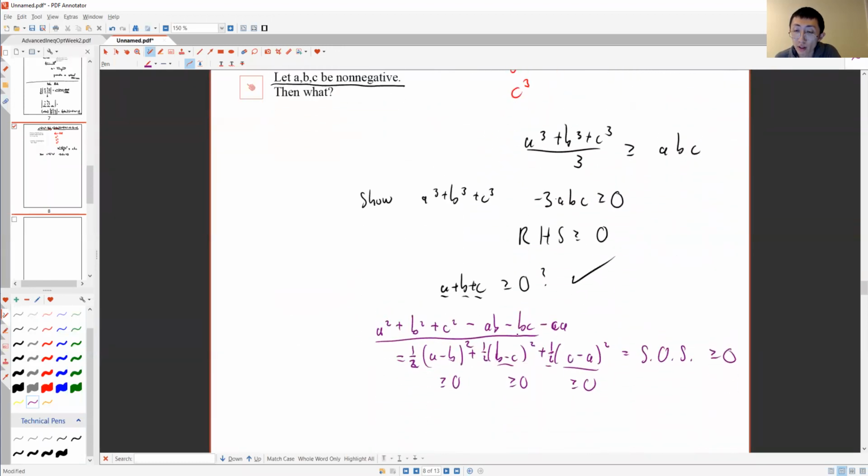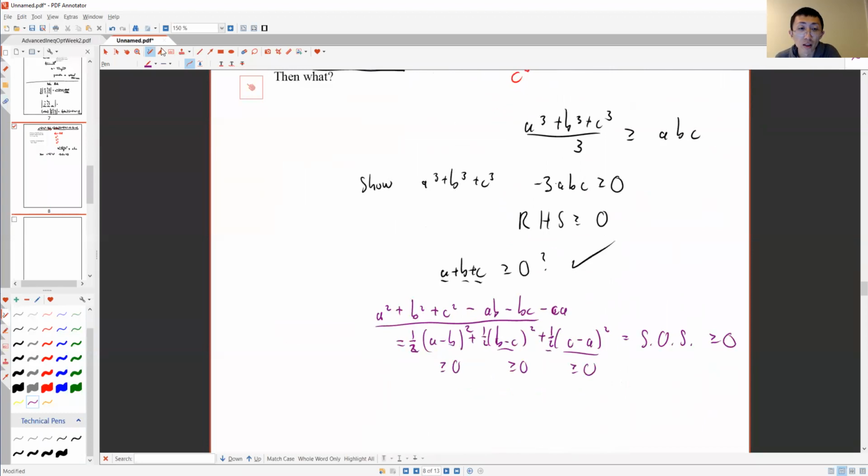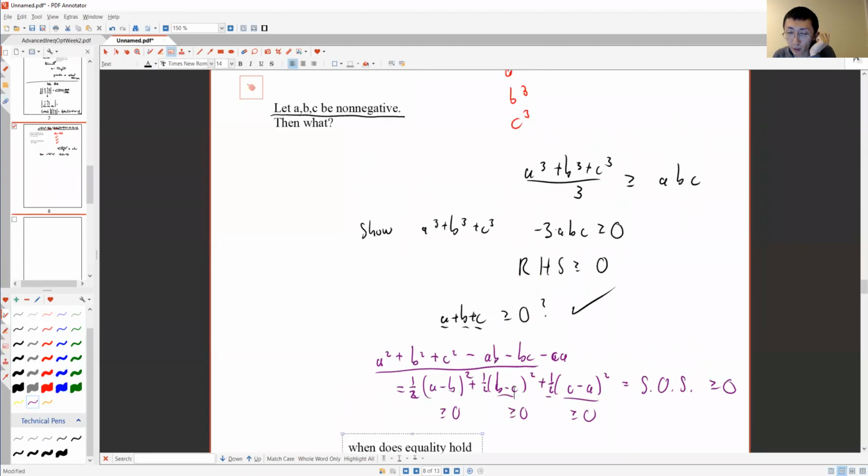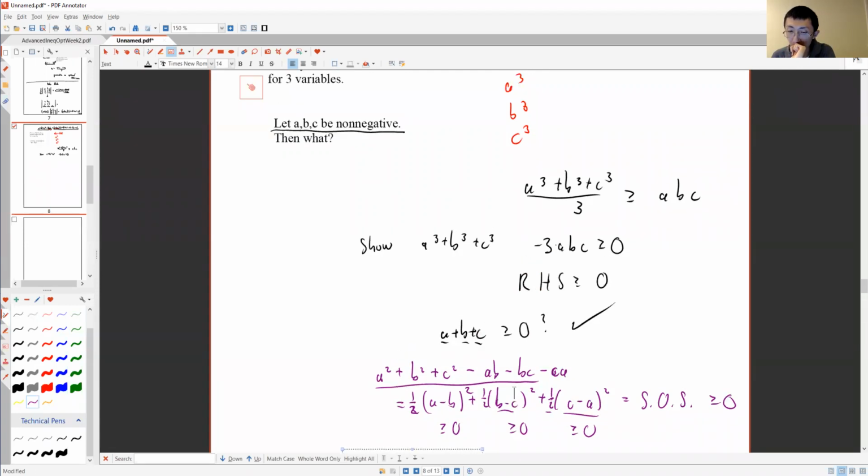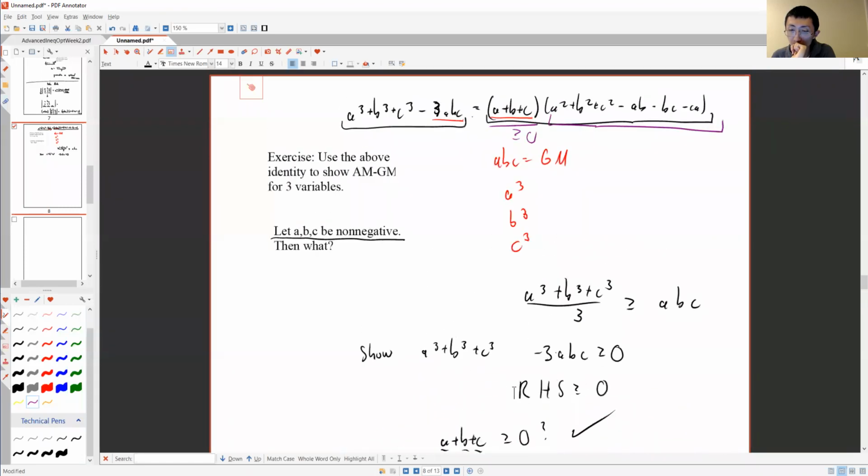So when does equality hold here? We know what the answer is supposed to be, but how can we see it from our proof here? So let's see.